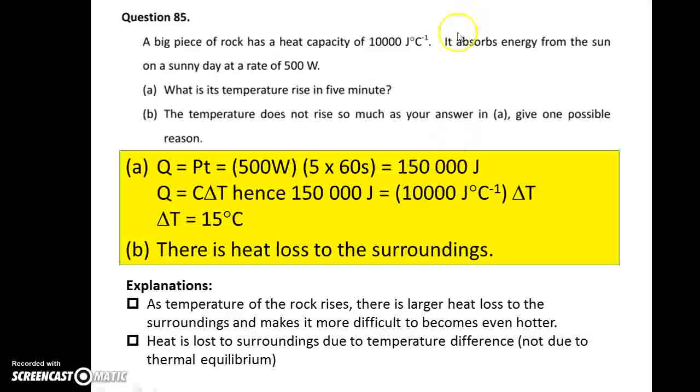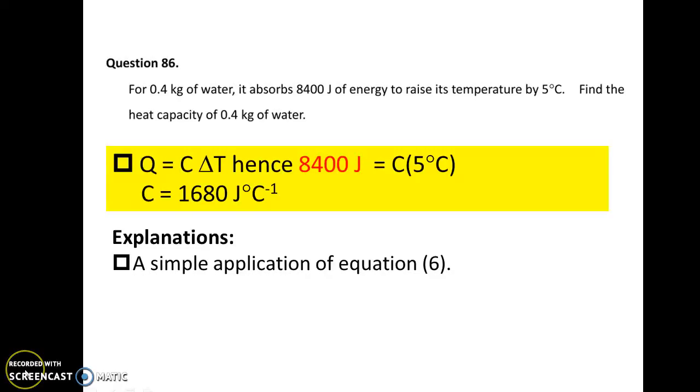The heat capacity of the rock is 10,000 joules per degree Celsius. You may then apply equation 6 and find the temperature rise of the rock. But the temperature rise of the rock usually is smaller because there is heat loss to the surroundings.